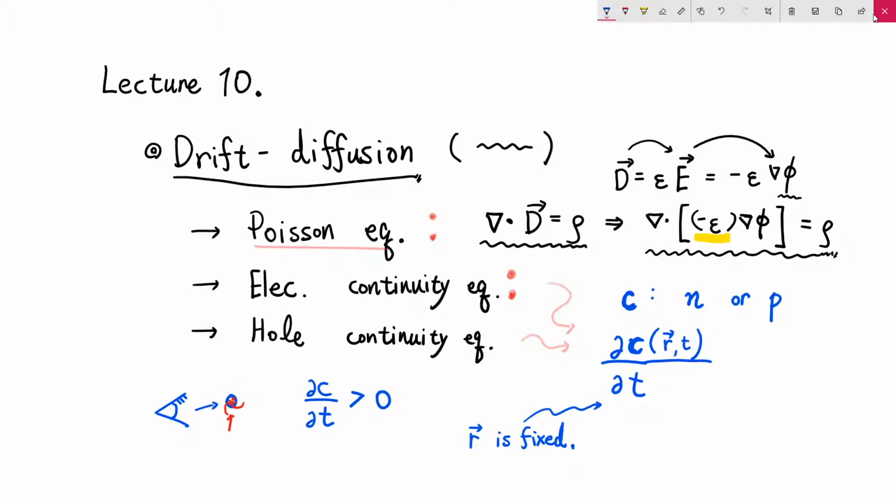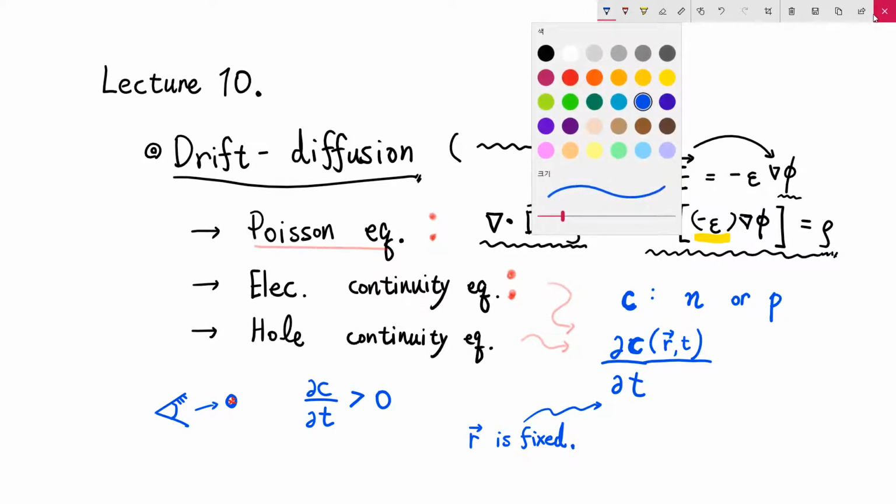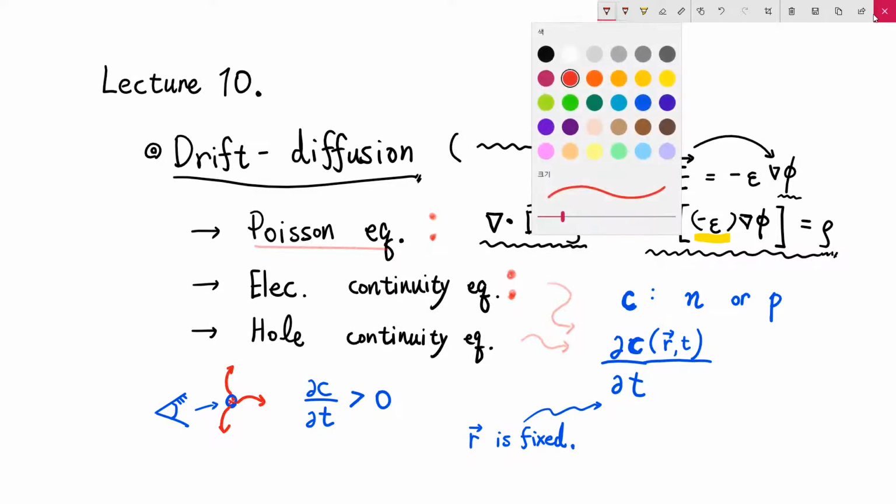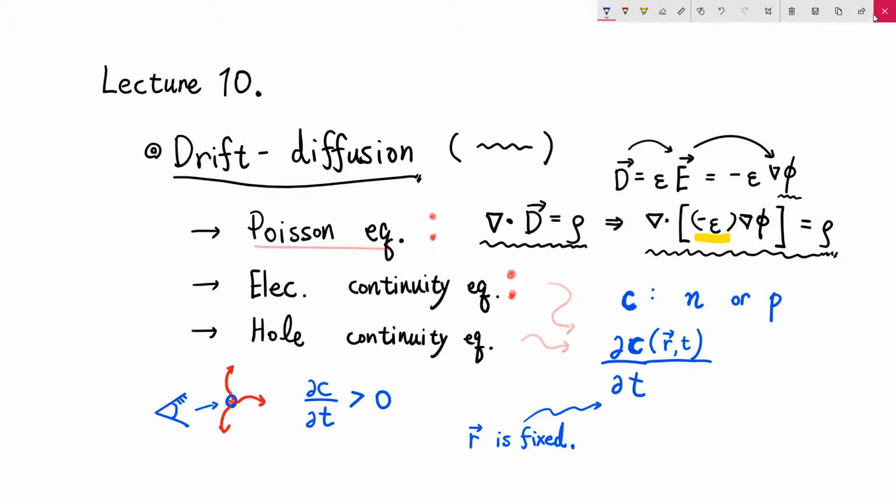But think about the opposite way. When you make an observation on this point and say that the net flux of carriers is outward, so escaping from this point, what will happen to our carrier density? Then we can easily understand that it will be negative.